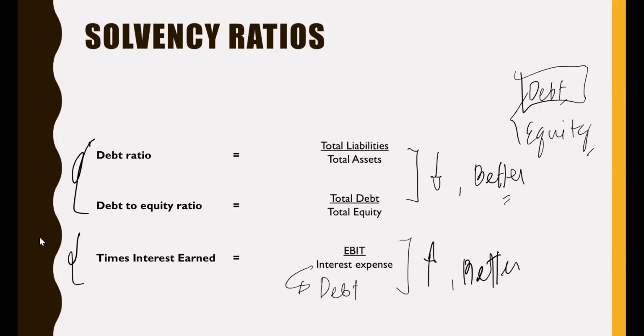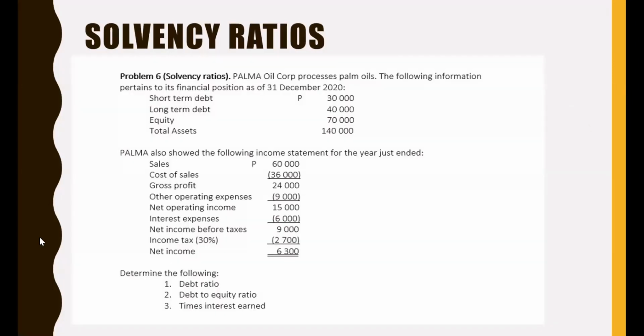Okay, because the numerator is your earnings before interest and taxes. So if we have higher times interest earned, that pertains to the number of times that we can pay for the interest expense. Anyway, to understand this better, let's solve the following problem.